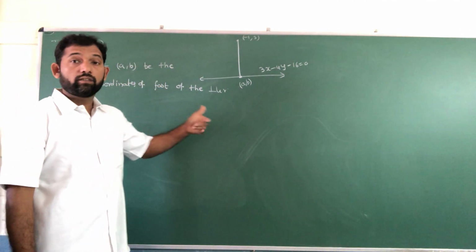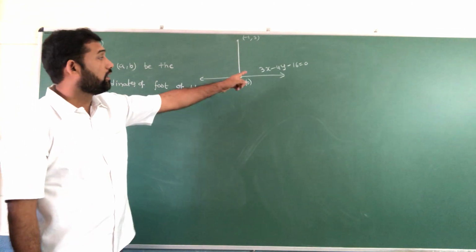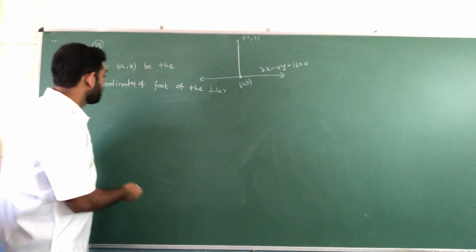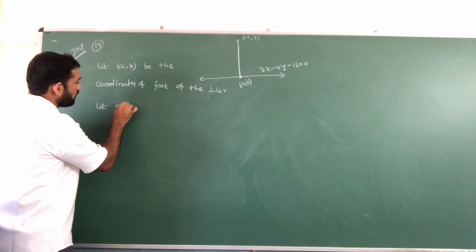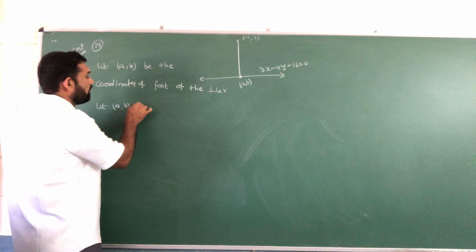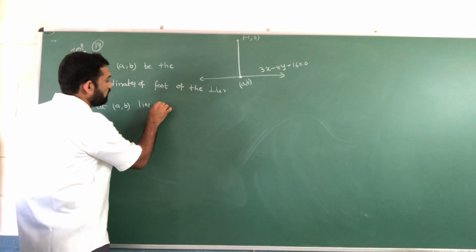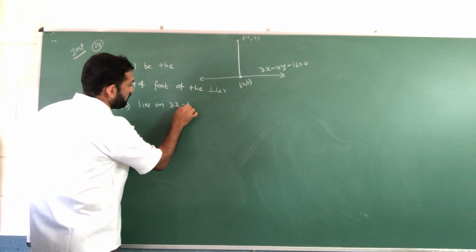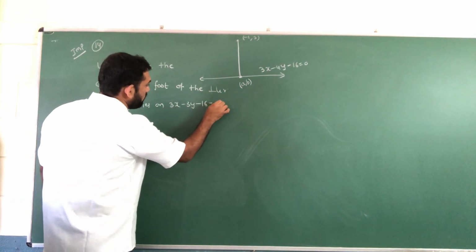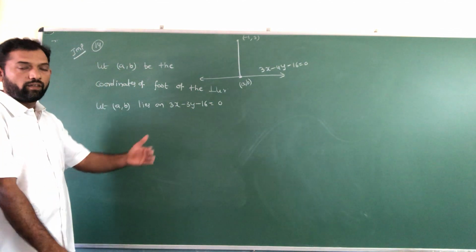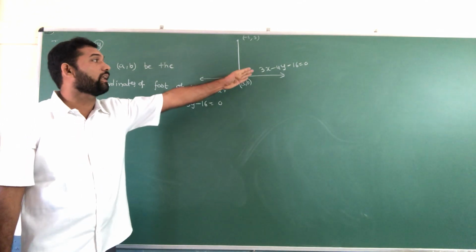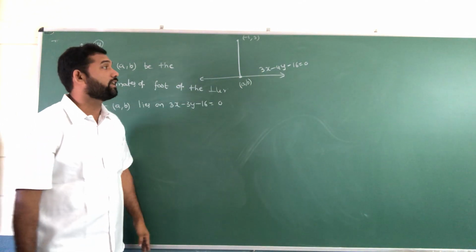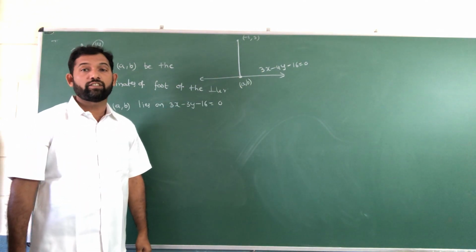So that point lies on the given line. Let (a, b) lie on 3x minus 4y minus 16 equal to 0.